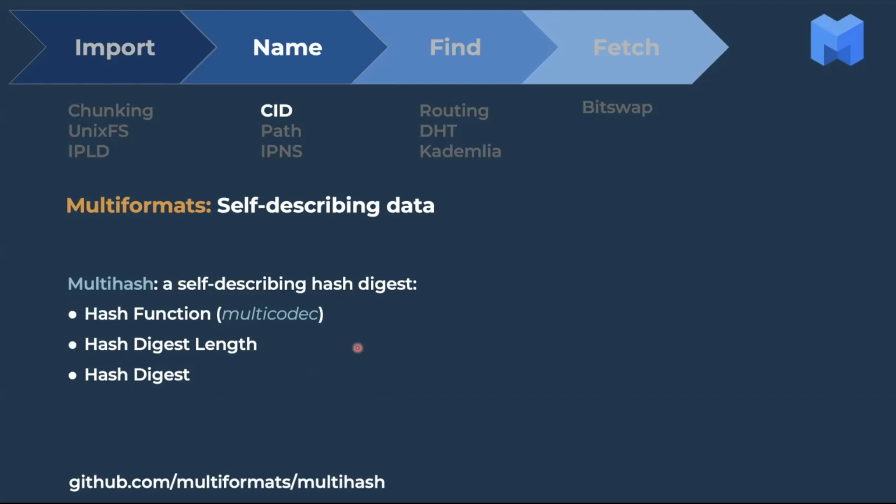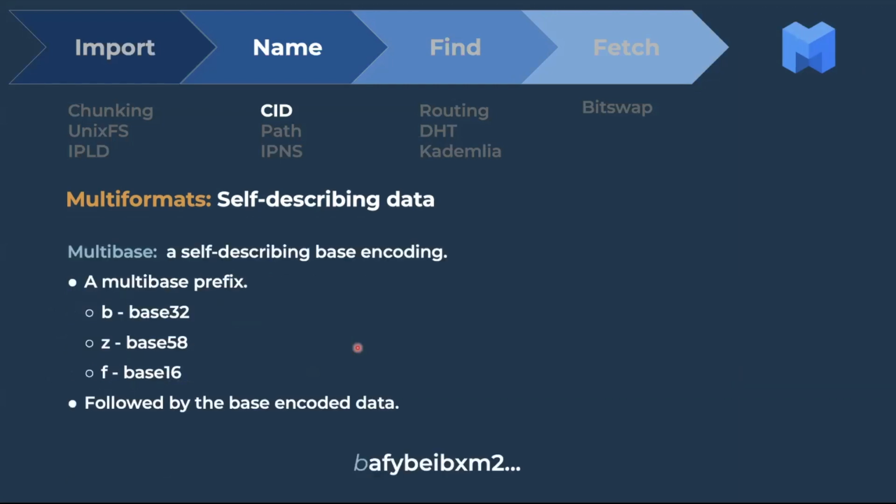It's what's called future proofing, because it can be updated at any time. Finally, the multi-base is basically the prefix of the base that you're using for encoding data, and this goes in the beginning of the CID.